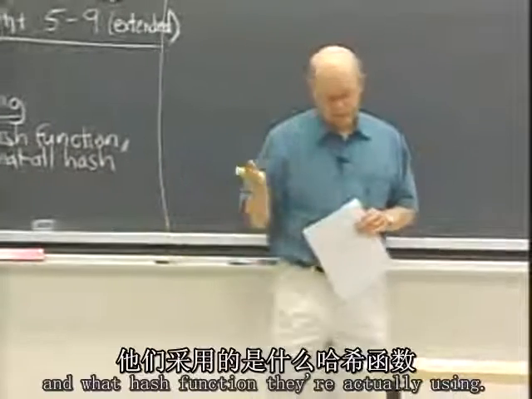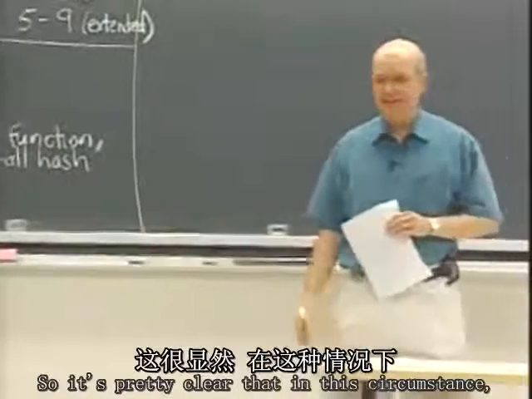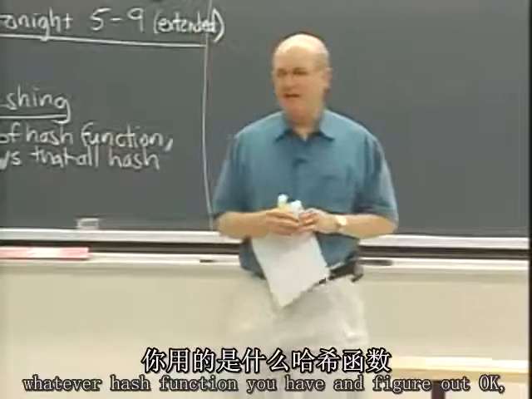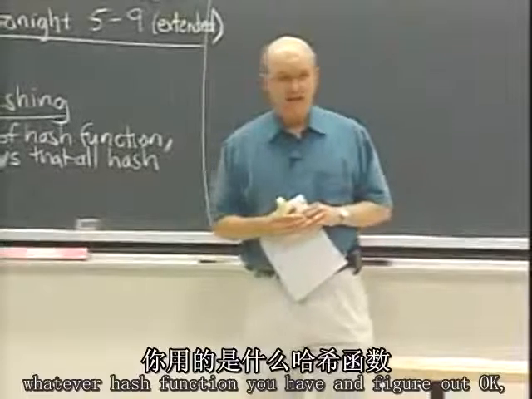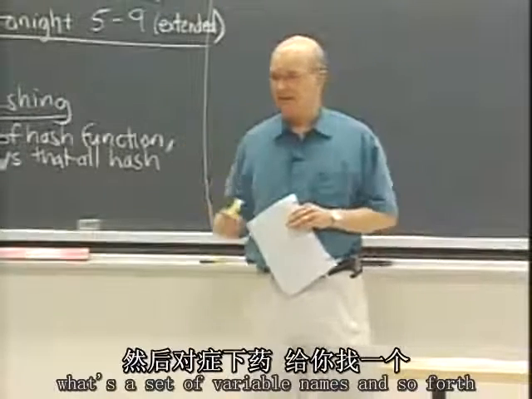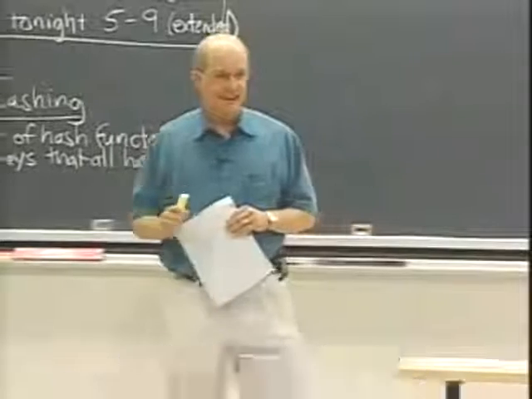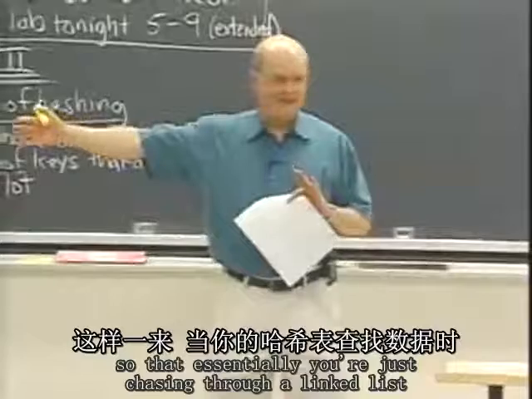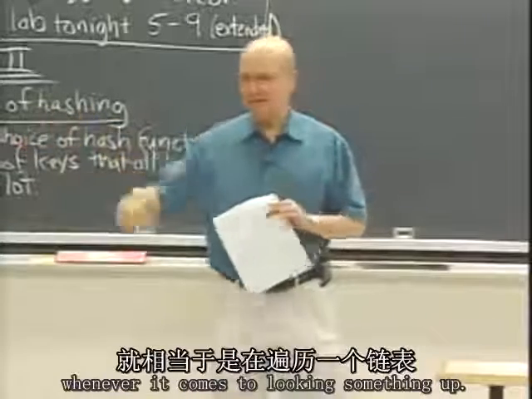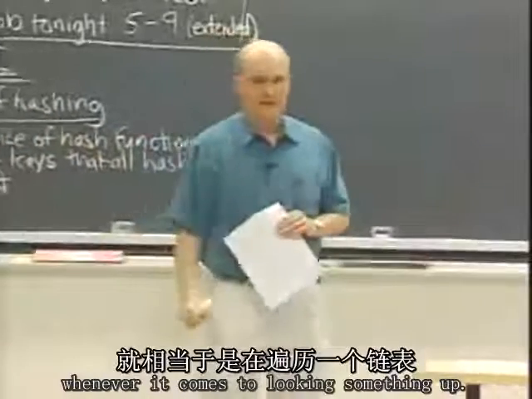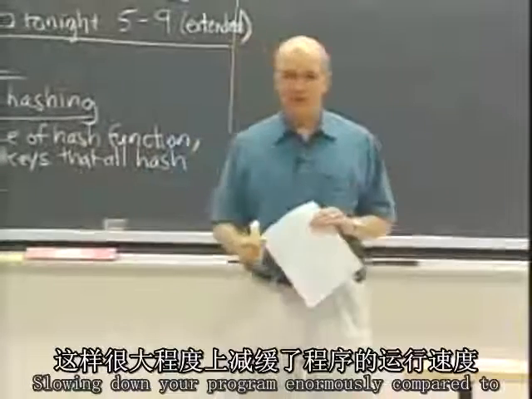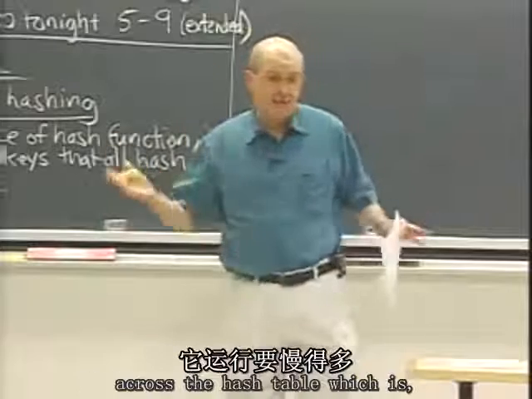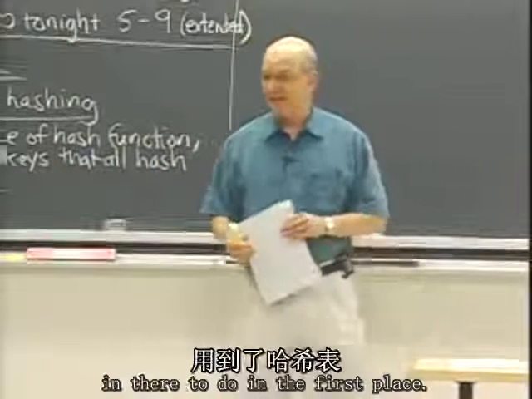So it's pretty clear that in this circumstance you have an adversary who is going to look at whatever hash function you have and figure out what's a set of variable names and so forth that are going to all hash to the same slot, so that essentially you're just chasing through a linked list whenever it comes to looking something up, slowing down your program enormously compared to if they got distributed nicely across the hash table, which is what, after all, you have a hash table in there to do in the first place.